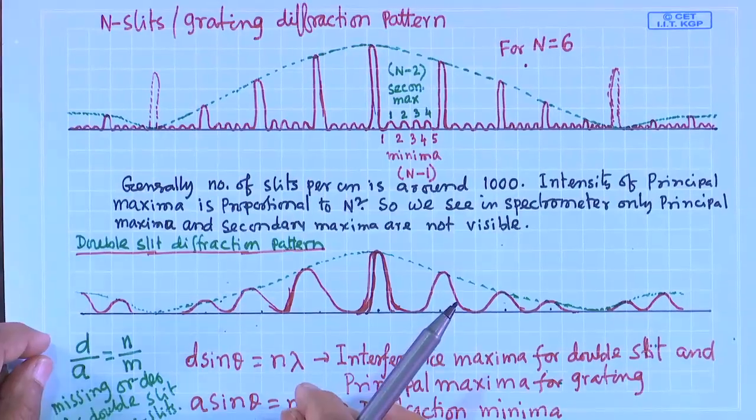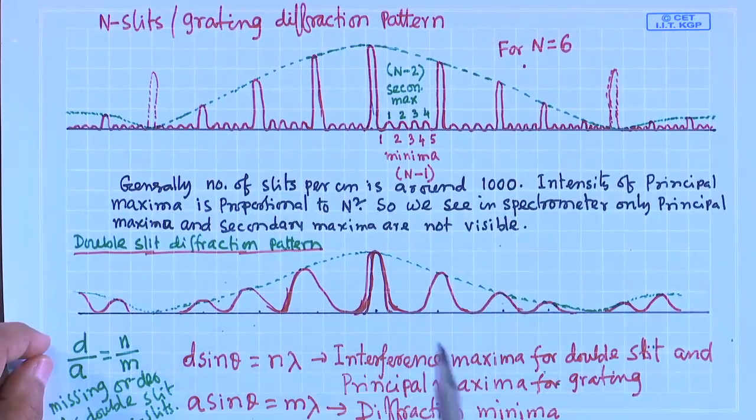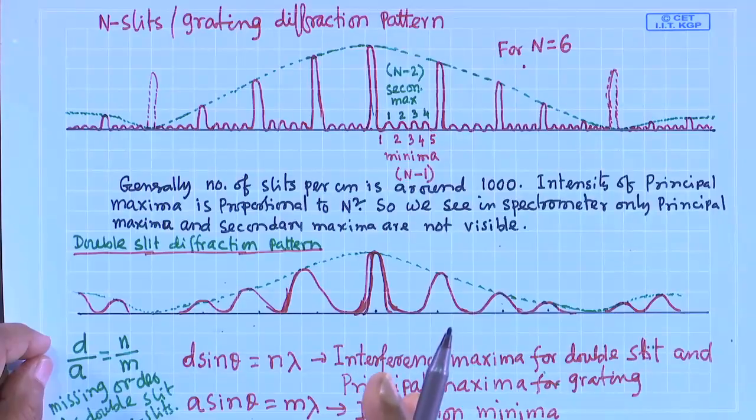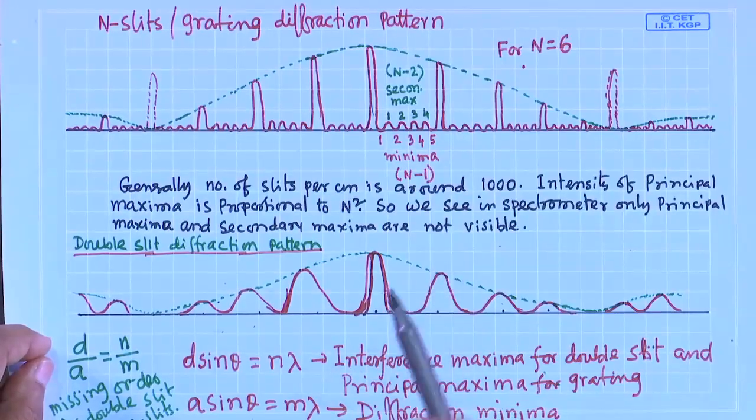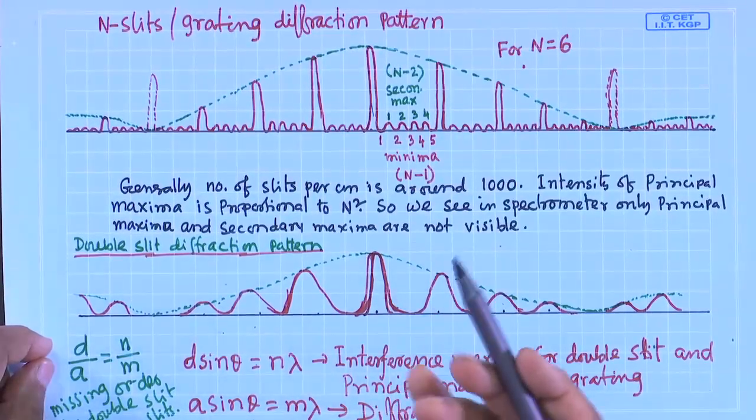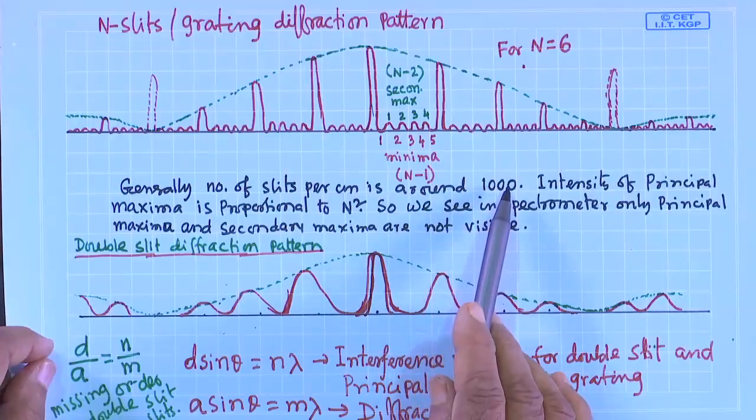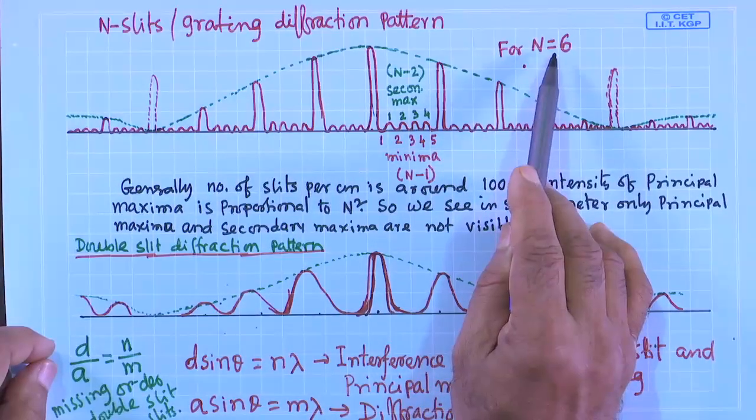Basically, the number of slits per centimeter or per inch is generally very high, around 1000. I have done this for N equal to 6.